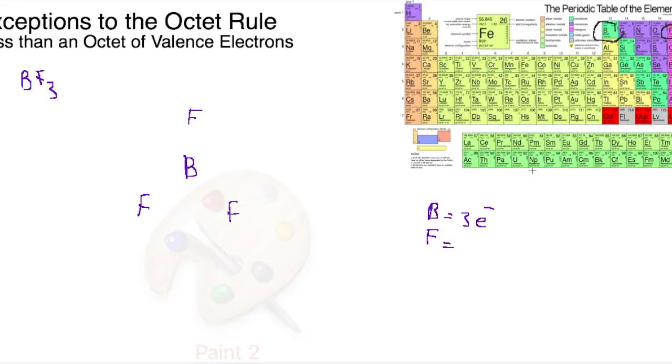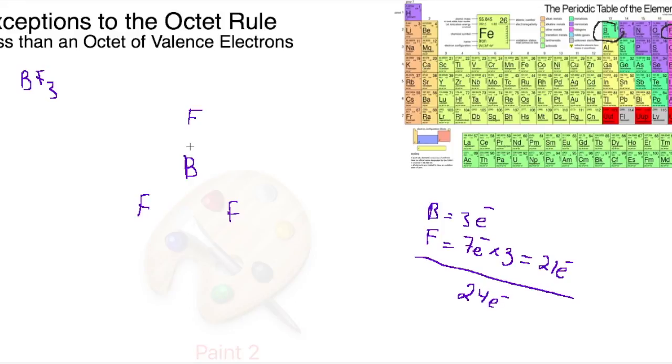Fluorine belongs to group 7A and has 7 electrons available. Since we've got 3 fluorines, that's 7 multiplied by 3, a total of 21 electrons from fluorine. If you add the valence electrons for boron and fluorine, we have a total of 24 electrons available.